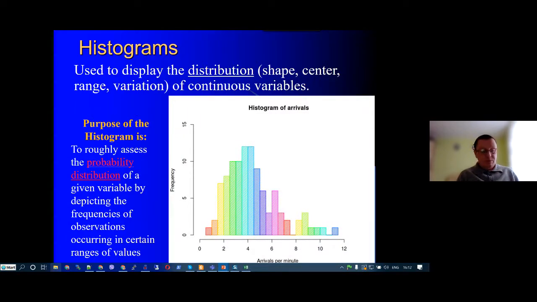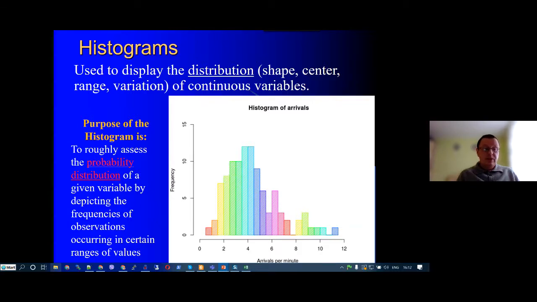Regarding the box plot, I will show an example later. And now we immediately turn to the histogram, actually the most common way to visualize continuous variables.